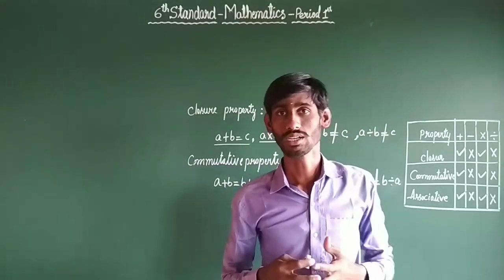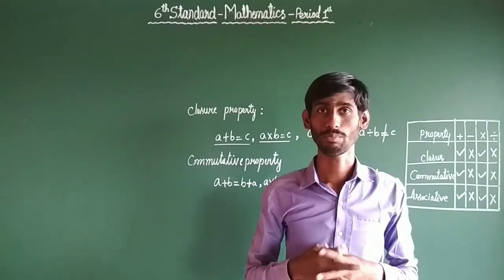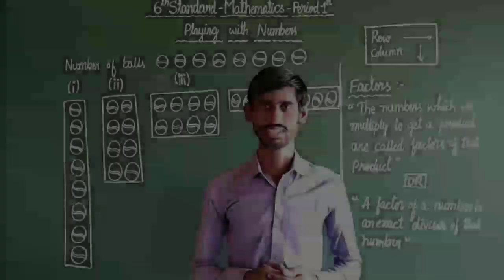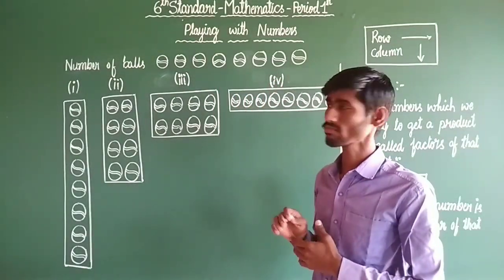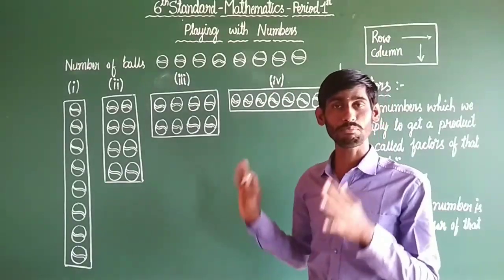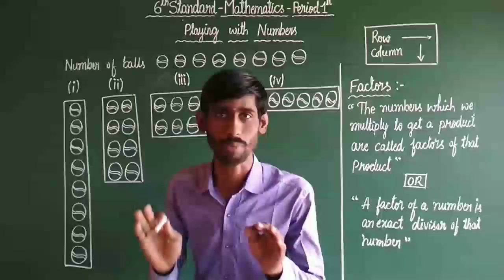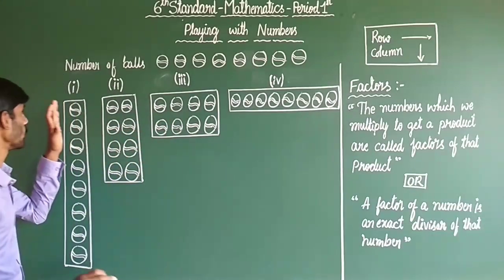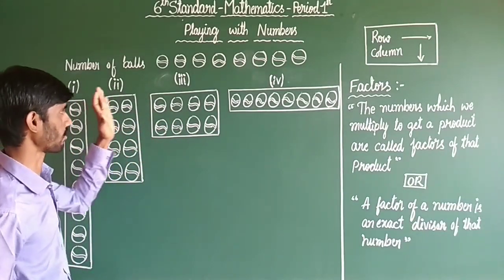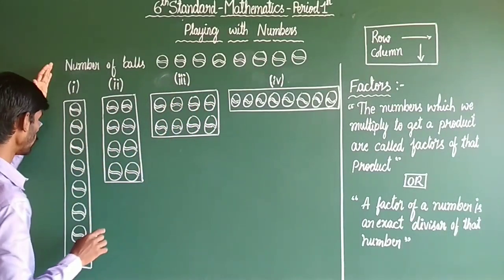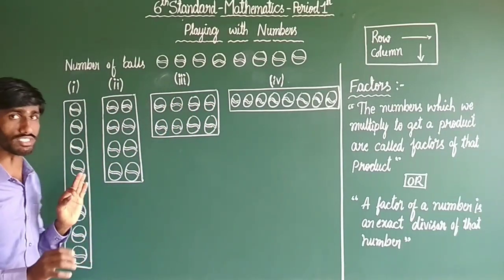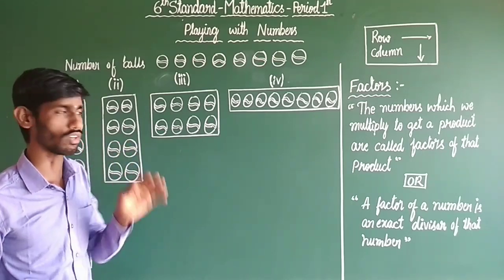Okay, let us move to a new topic, playing with numbers. Dear Chotu, I have 8 balls. These 8 balls can be arranged in 4 different patterns: this is the first one, second pattern, third pattern and fourth pattern. Observe here, in the first pattern, first you must know column and row.